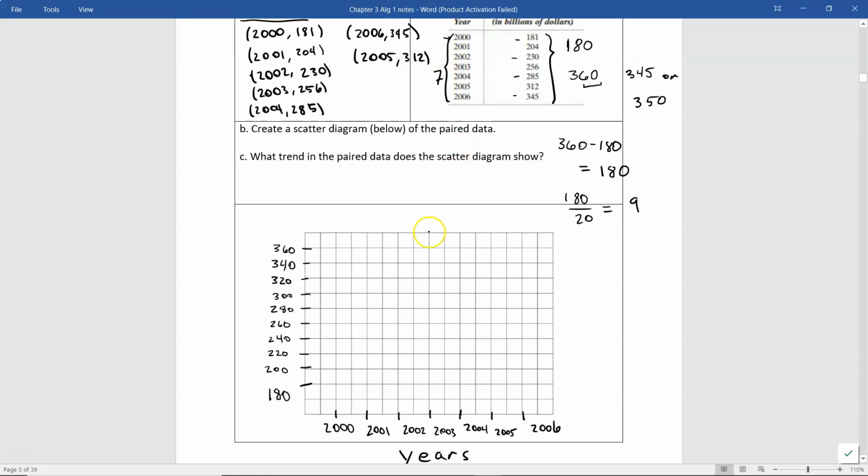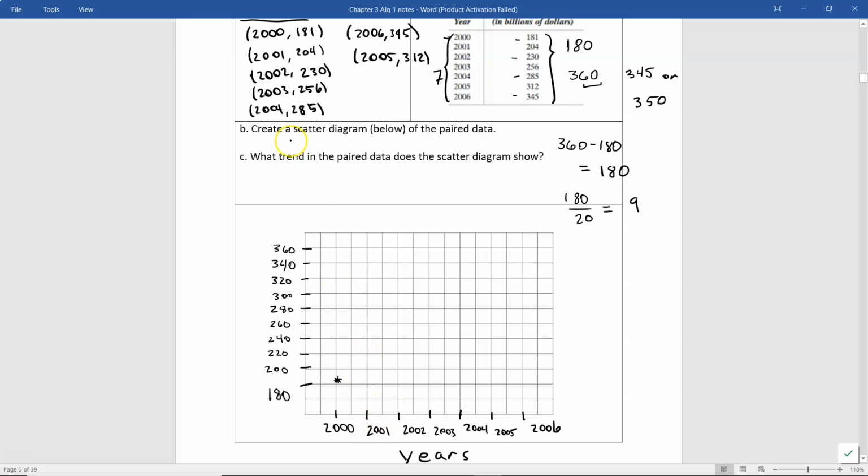Okay, so let's plot this, and then let's talk about the trend that this paired data shows. For our first year, 2000, we had $181. So going to 2000, we go up to 181, which is right about here. And we can just continue this.